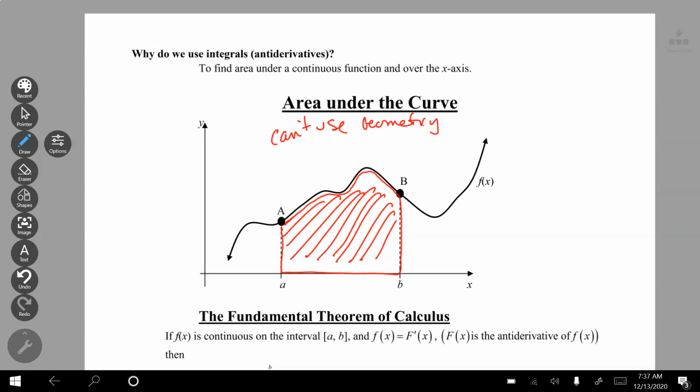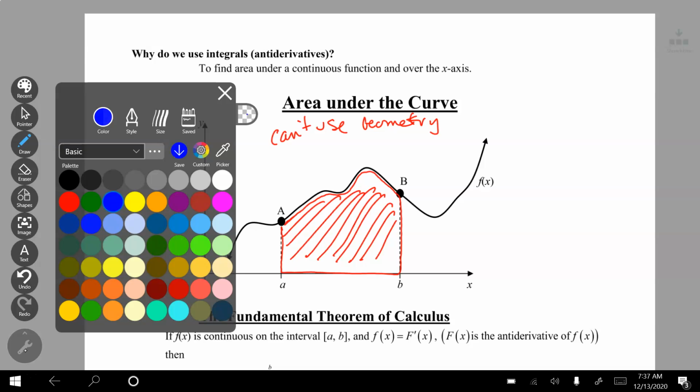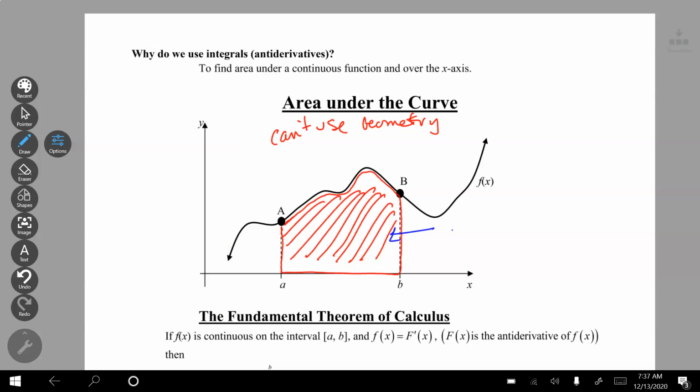That's no shape I have a formula for. So the idea is that this area will equal the antiderivative of this function, whatever the equation of the function is, going from point A to point B, using these as my x's. So now we're going to put little numbers with this integral sign. A is called the lower limit, B is called the upper limit.